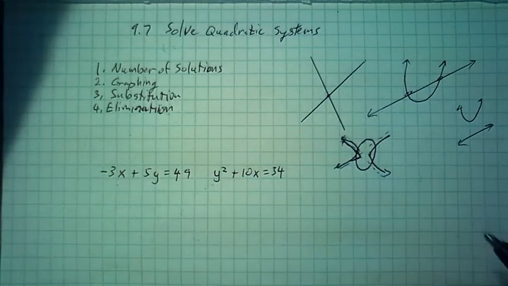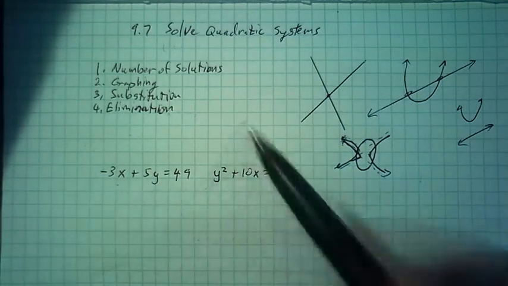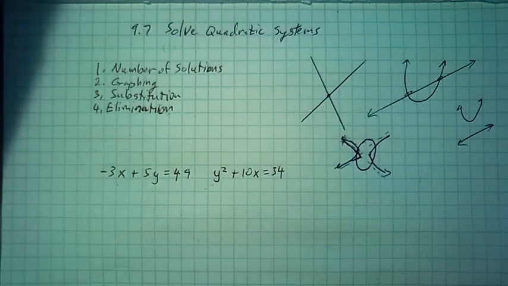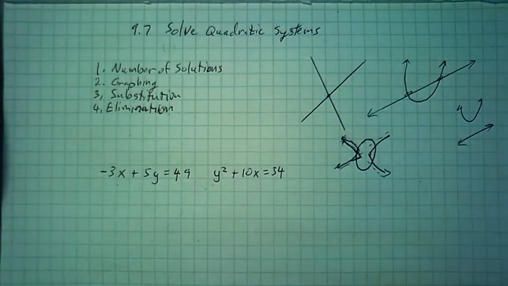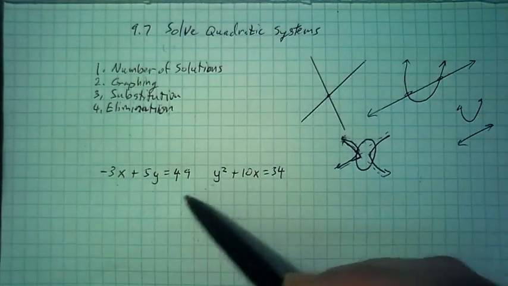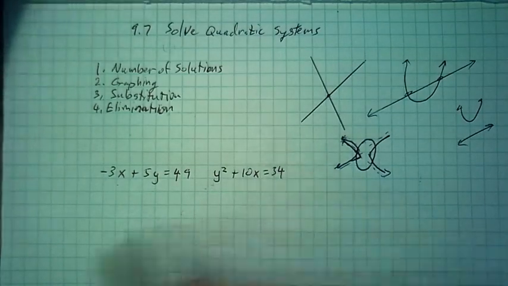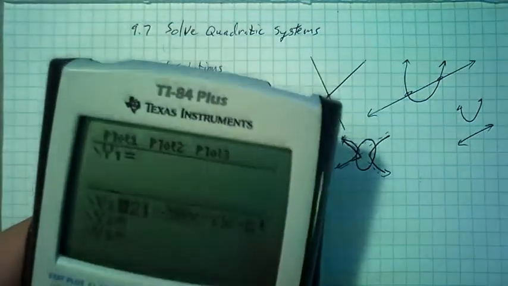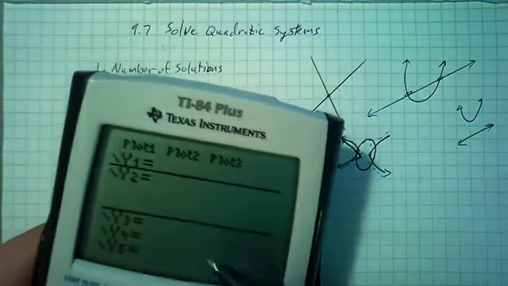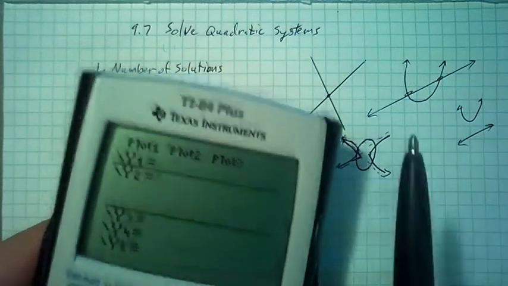This particular example seems to me like it's been specifically designed to make graphing it by hand annoying because of the numbers involved. So we're going to graph this system using our calculators. In order to put them into our calculators, the only place we have for graphs on our TI-84 graphing calculators are solved for y equals.